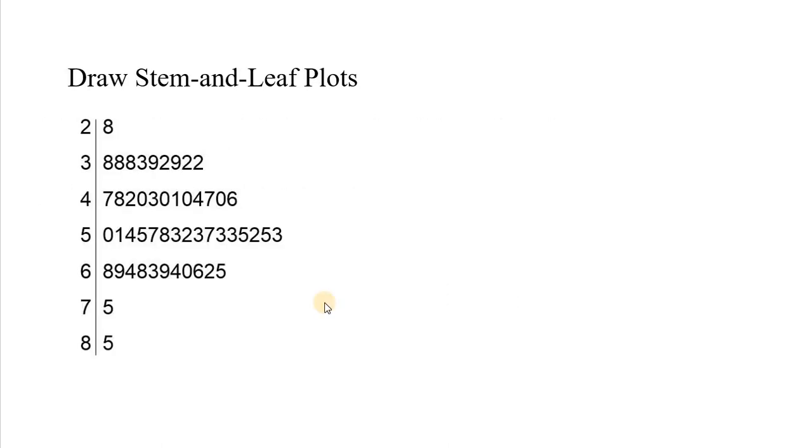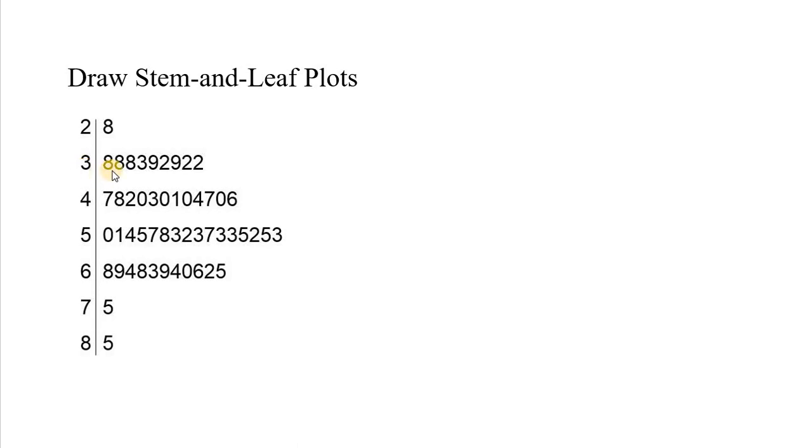To create the stem and leaf plot, we put all of the stems in order without repeating, unless the leaf is very long. We put the stem in one column like so, and then we put the leaves for each of these stems. So 2 and 8 here represents the unemployment rate of 2.8. And then we go to the 3.